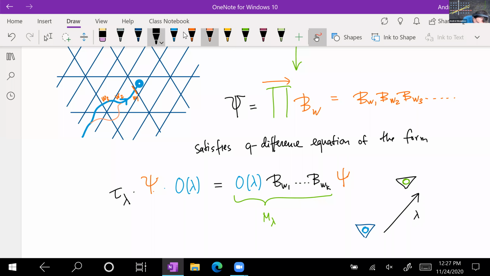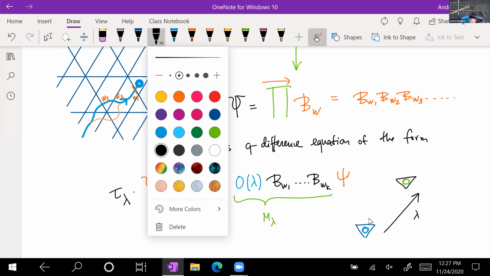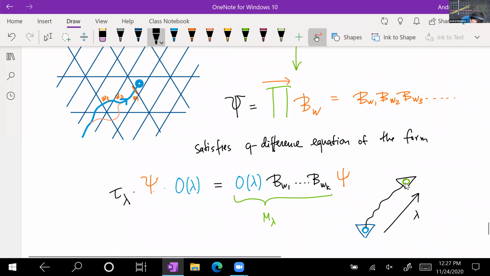Then I choose a path that joins them, and along this path I multiply all the matrices I get. Right. So that's the equation. It's a formal consequence of what I wrote down.